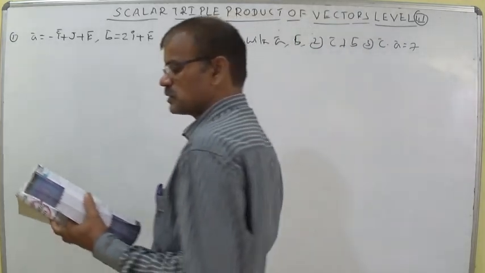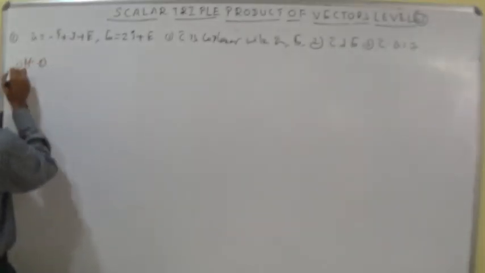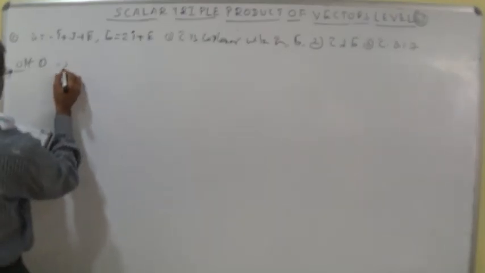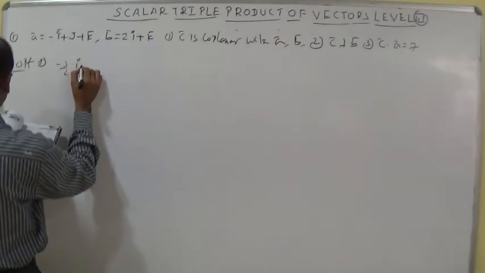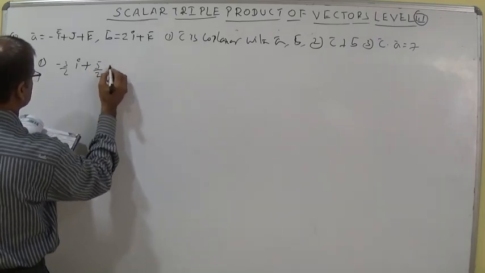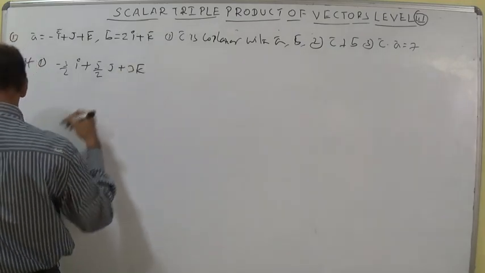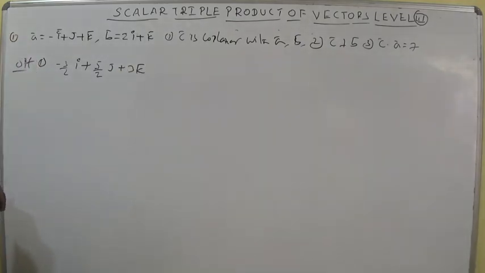So verifying options is the better way. Option 1: minus 3 by 2 into i plus 5 by 2 into j plus 3k. So verify the conditions.